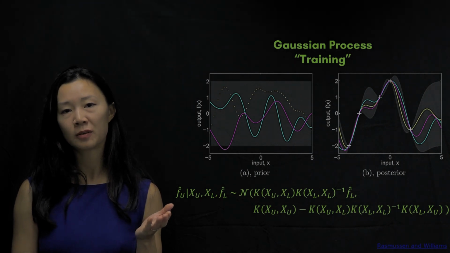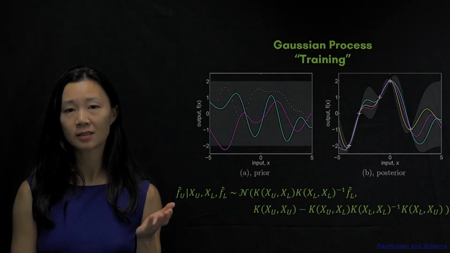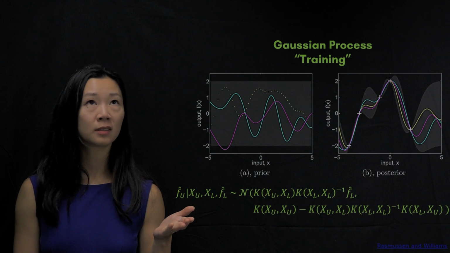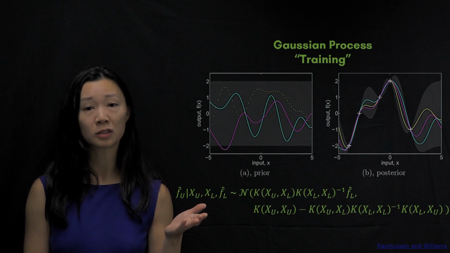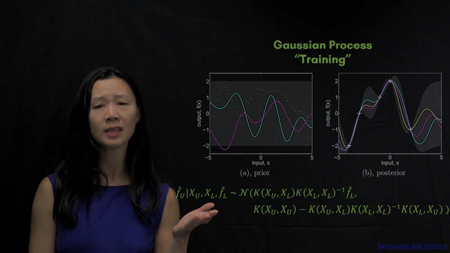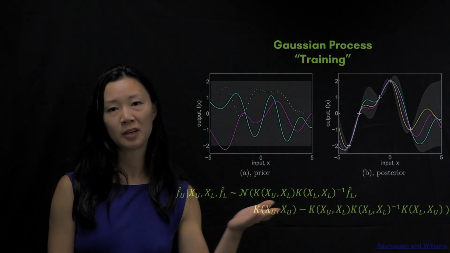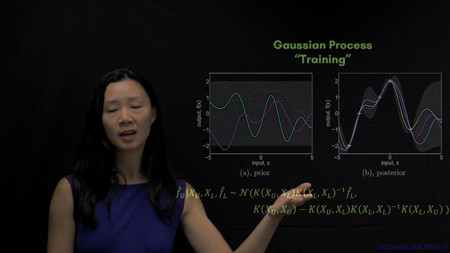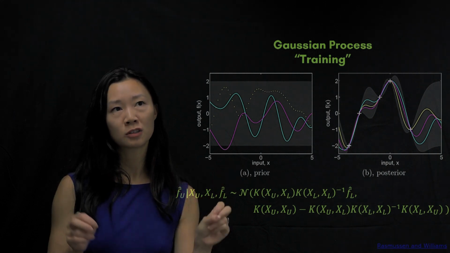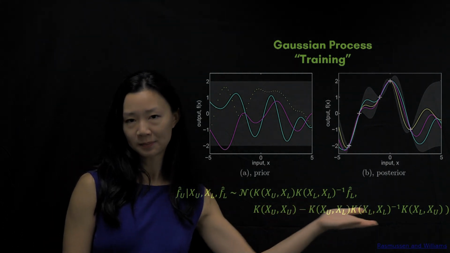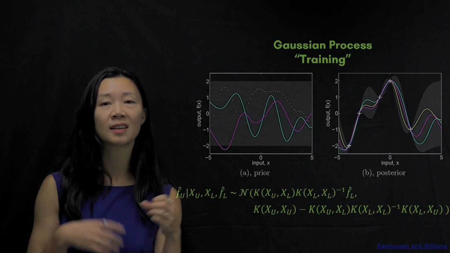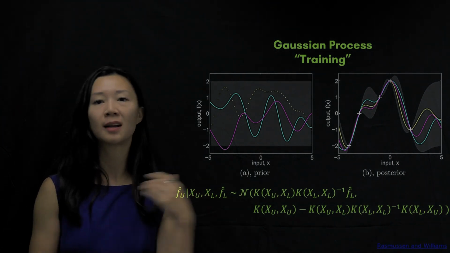So the prediction for the rest of the data points, so f hat sub u, the function approximation for the unlabeled test points, conditioned on your test set, x sub u, your label data, so your training data, x sub l, and then the function approximation at the training points, f sub l, is going to be a distribution of, here's going to be your mean, where it's some combination of your covariance and your function approximation at your training points, f sub l, and then your uncertainty region or credible region is going to be defined by this covariance update, which is a combination of your covariance at the test points, between the test and training points, and then at the training points.